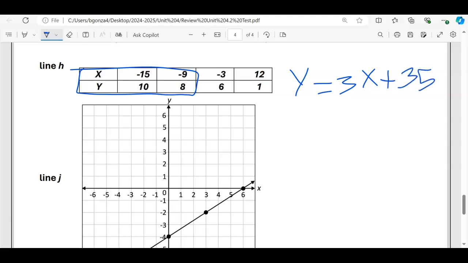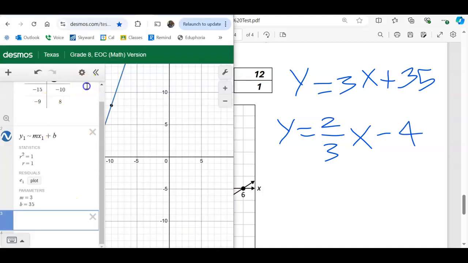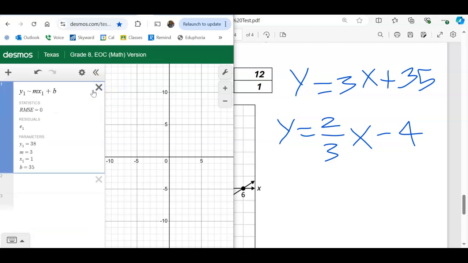Okay. And then down here, this y-intercept is negative 4, and then the rise over run is up 2 over 3. So it's y equals 2 over 3 is my slope, x. My y-intercept is minus 4. I can take those two equations and I can find their solution.